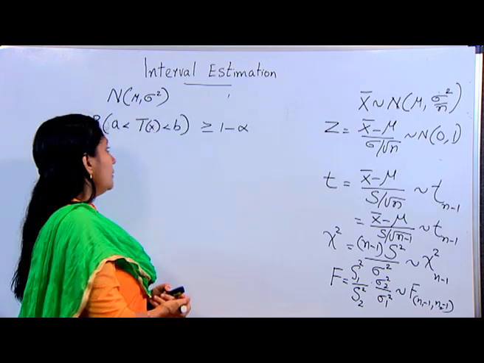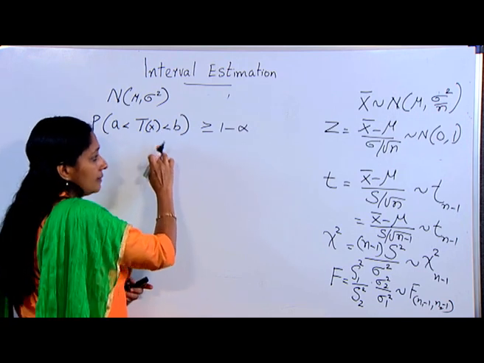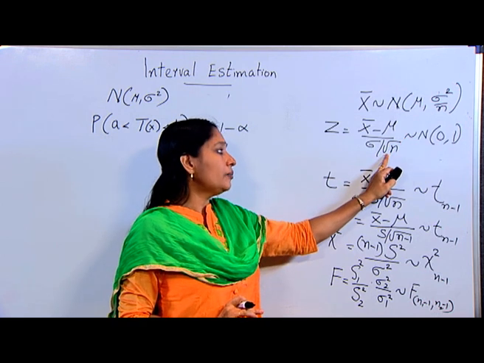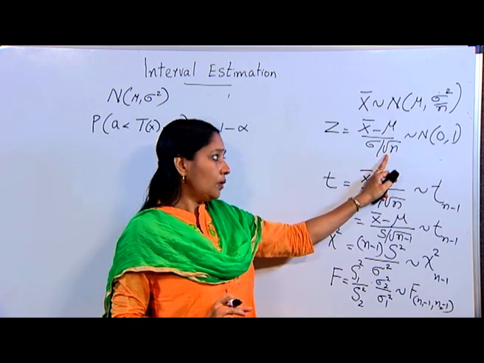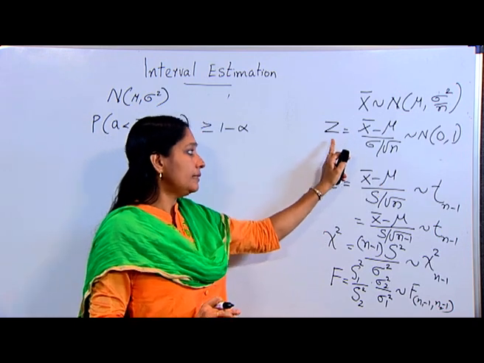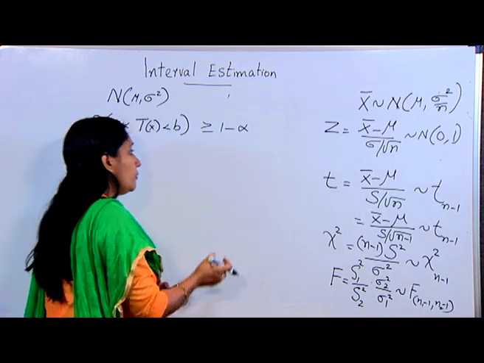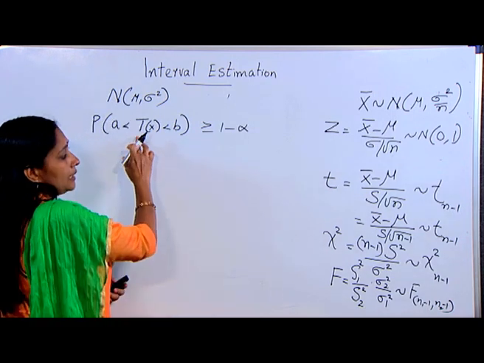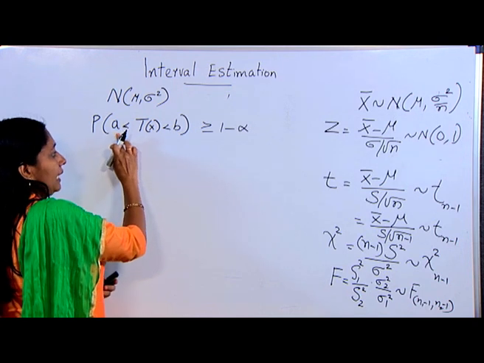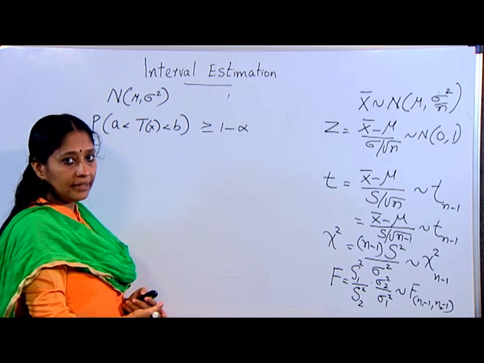Here we consider the statistic T(X) as Z equal to (X bar minus mu) by (sigma by root n). Because sigma is known, the distribution of Z is N(0,1). So, to construct the confidence interval for mu, we start with the probability of a less than T(X) less than b being greater than or equal to 1 minus alpha.